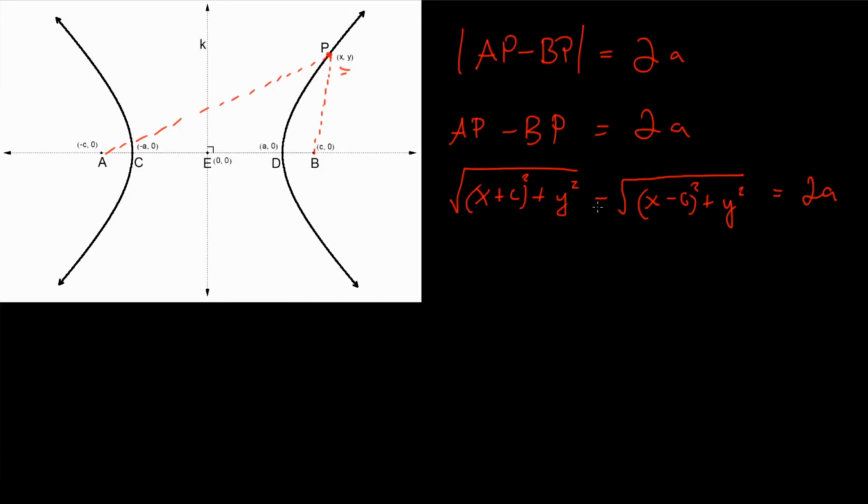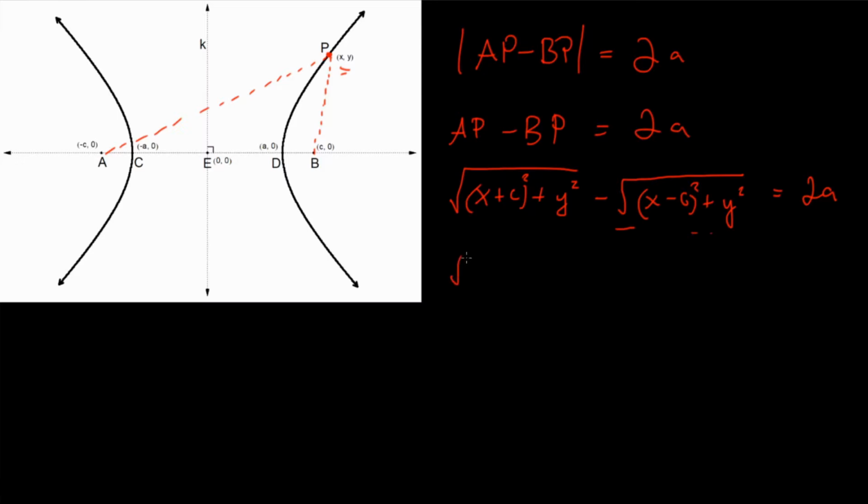All right, so let's clean it up. I challenge you to do this. Go ahead, pause, and try to make this into a nice, beautiful formula, one that emulates the circle and the ellipse if possible. What I'm going to do is add this to the other side so that I have lots of positive things, and I'm going to square. It's going to be a little bit nasty, but we've squared square roots before, so we should be fine.